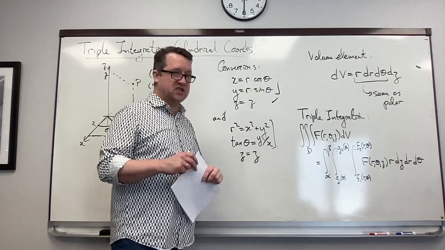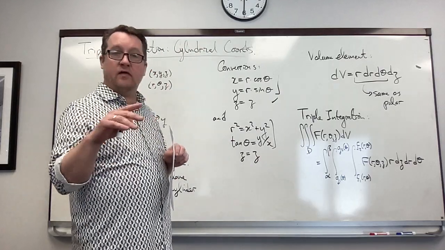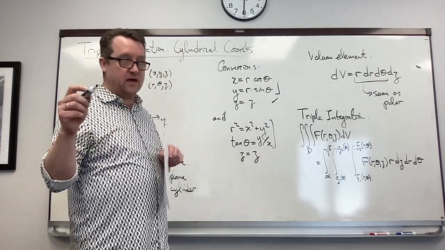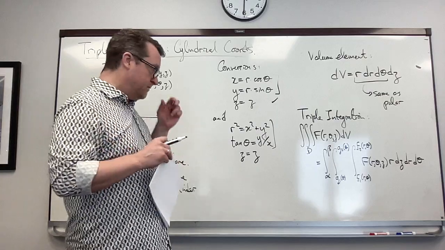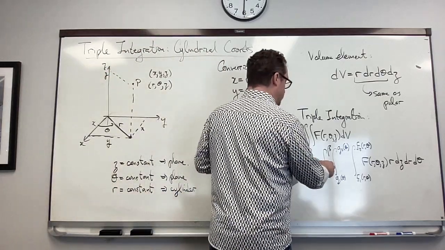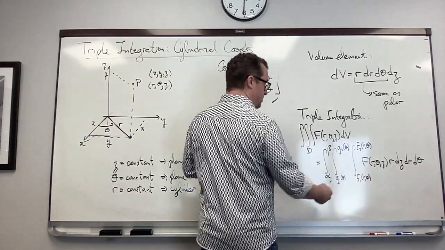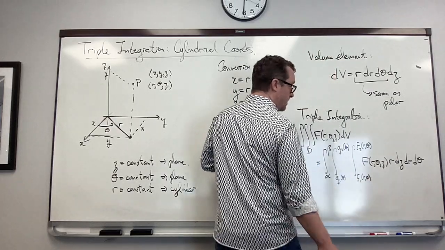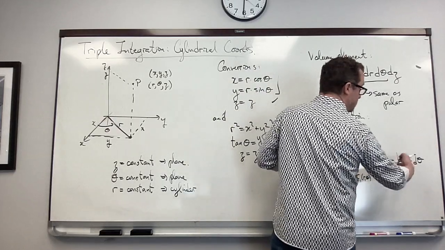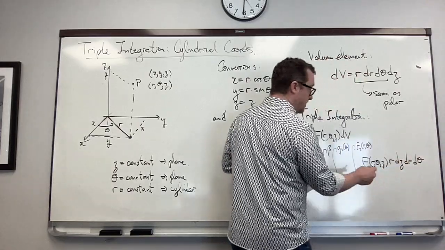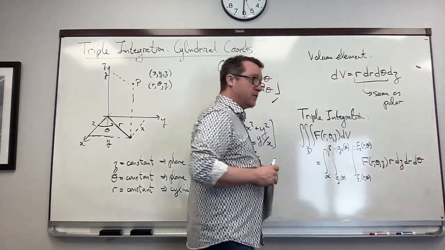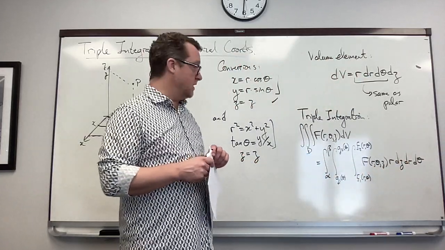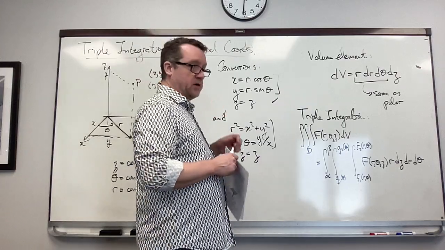So it's just the polar area element, dA, which was r dr d theta. Now you add dz to the end. So a triple integral then would just be an iterated integral of some integrand, a function of cylindrical coordinates, with r dr d theta dz. Now here I've written one example of an order of the iteration, right? There are usually 6. Well, not usually, there are 6.